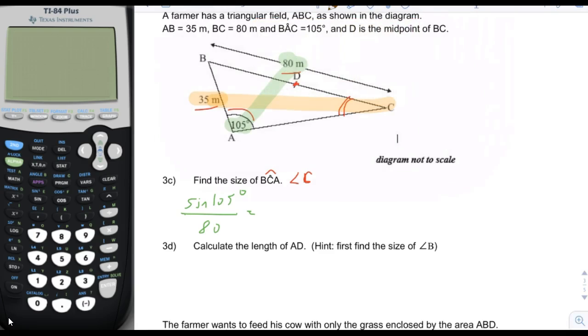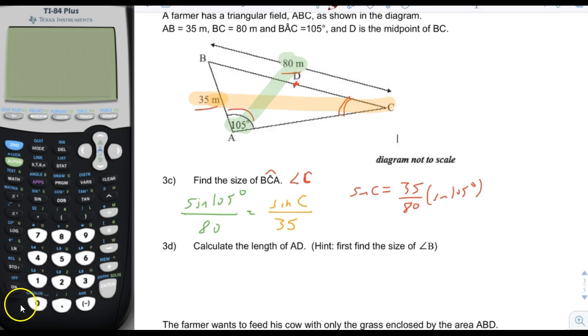And the orange pair, we don't know what the sine of the angle is, but we do know that the length of the opposite side is 35. So with this, now we can just use algebra and figure out what sine of C is. So sine of C is equal to 35 divided by 80 times sine of 105 degrees, right?